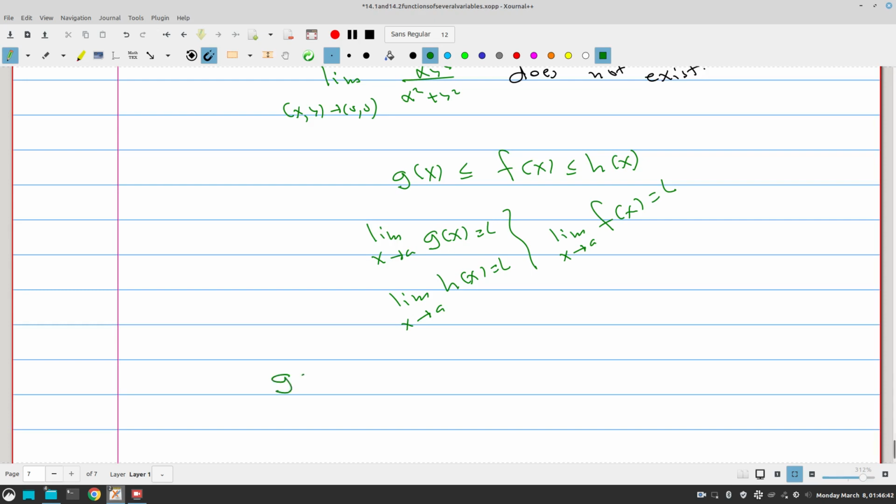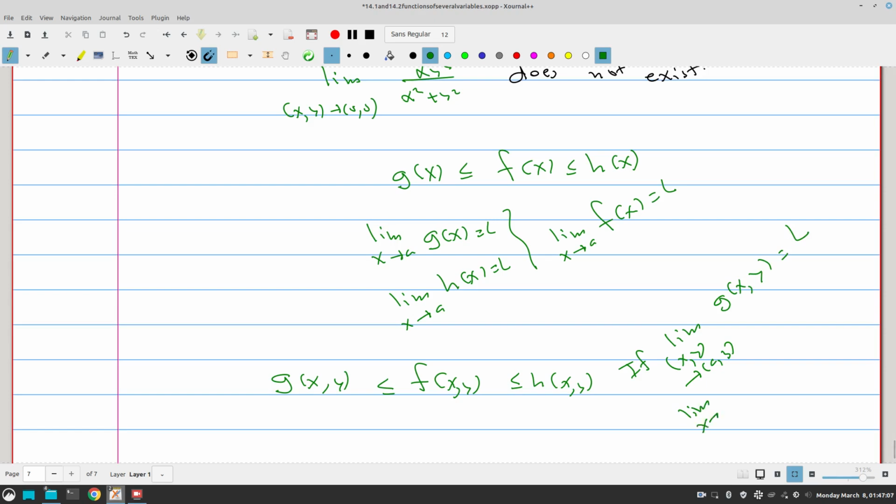If you have g(x,y), f(x,y), and h(x,y), and the limit as (x,y) goes to (a,b) of g(x,y) equals L, and the limit as (x,y) goes to (a,b) of h(x,y) equals L, then you can safely combine these two facts to state that the limit as (x,y) goes to (a,b) of f(x,y) must also equal L. That's the squeeze theorem applied to multivariable functions.